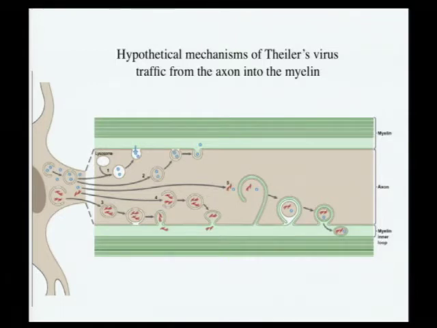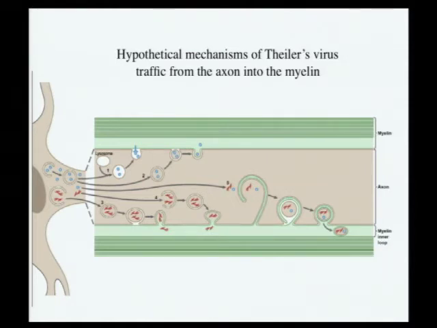Now, if all the unwanted organelles, including mitochondria, which need to be degraded, have to be transported retrogradely all the way to the cell body of the axon to be degraded, the volume of the cytoplasm in the axon far exceeds that of the cytoplasm in the cell body. And there are a number of problems there.